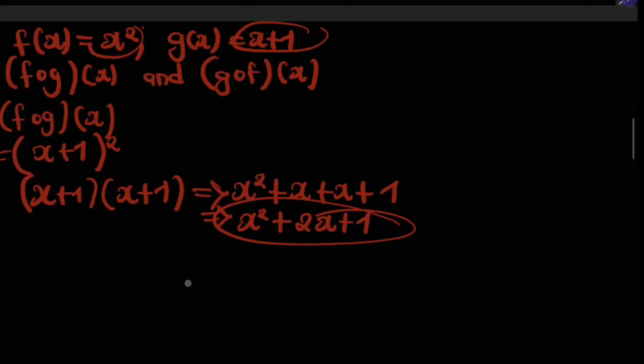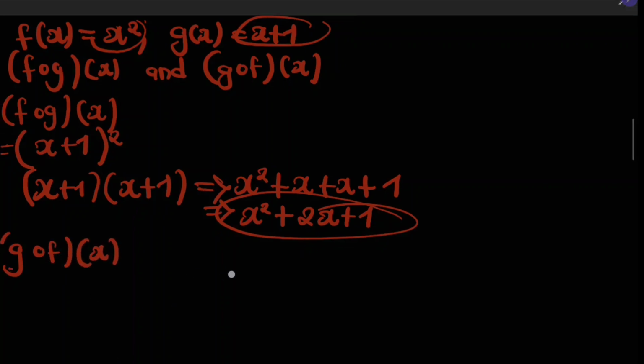So let's take the other case, that is g of f of x. Here we are going to be having x squared plus 1. So this is what we're going to be having.